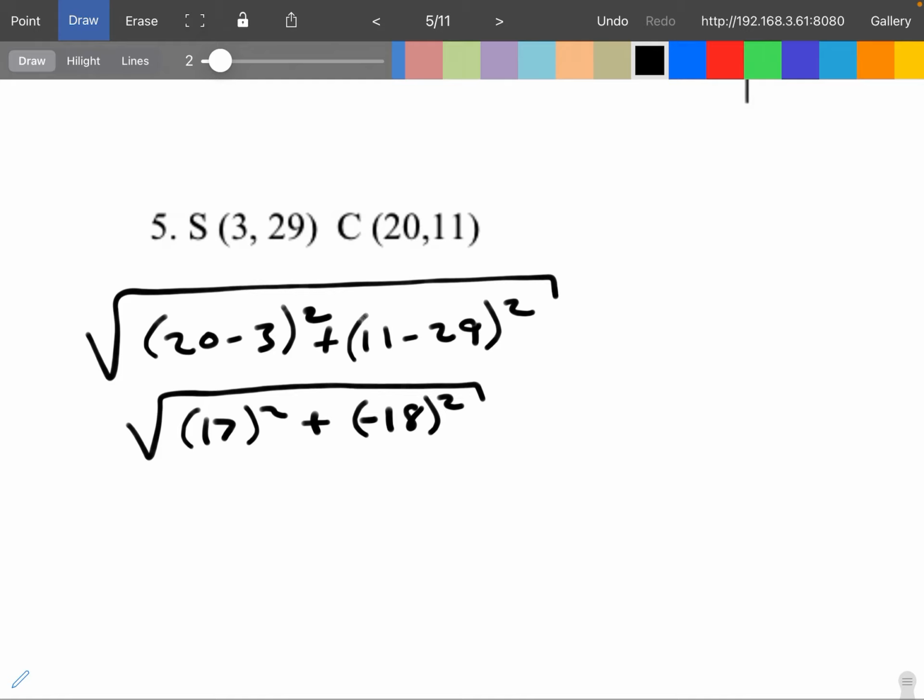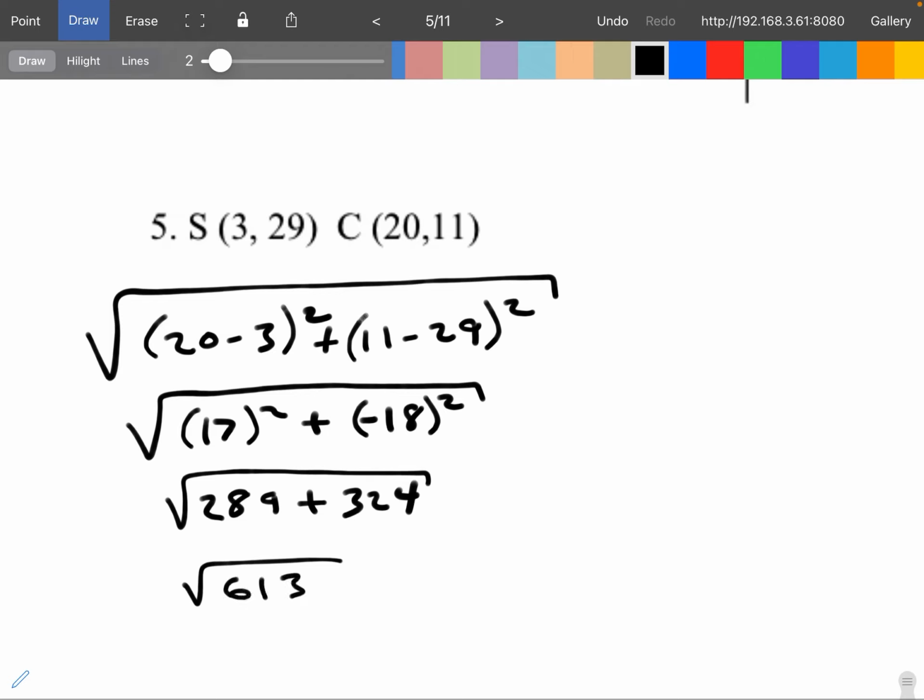Now you guys could always put that whole thing in the calculator. But make sure if you're squaring that negative 18 on that calculator, you got to put the parentheses in there. Otherwise, it will give you the wrong answer. If you put it in just as negative 18 squared, it's going to come out with a negative 324, and that's incorrect. You guys should know that negative 18 times negative 18 is going to be positive, right? So 17 squared was 289.